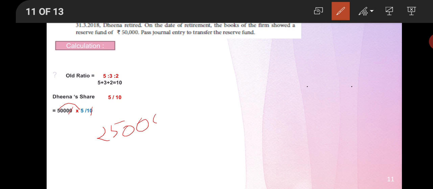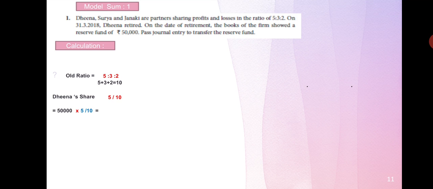This is how you do the calculation. So Dina's share is rupees 25,000 out of 50,000.